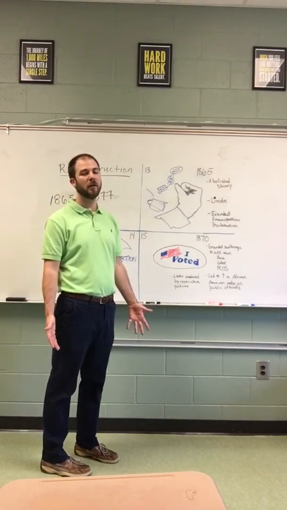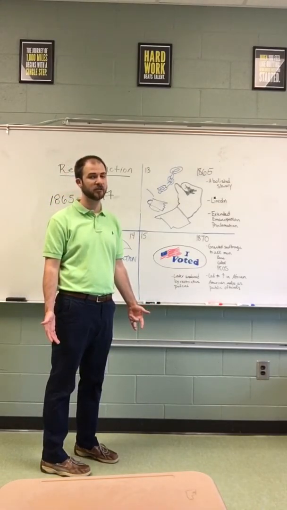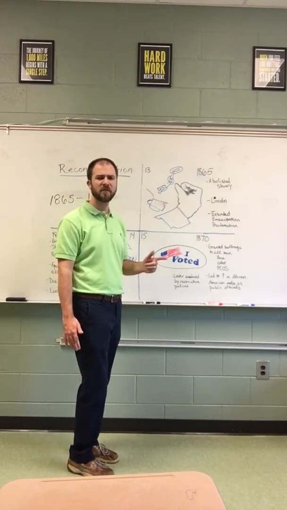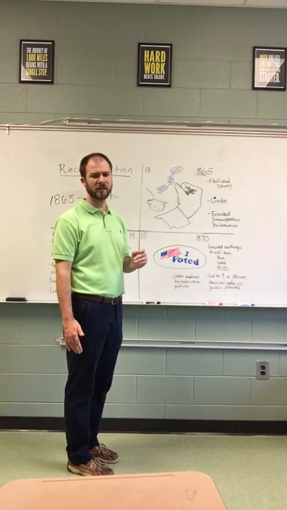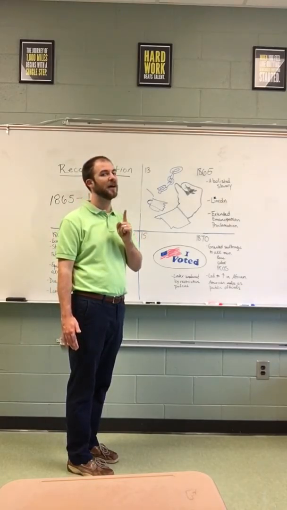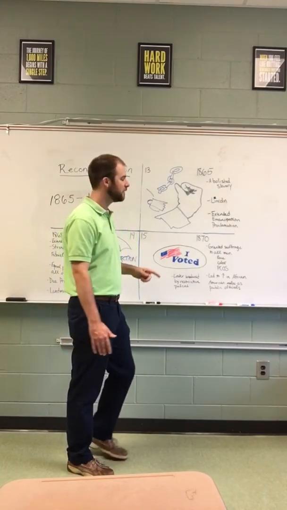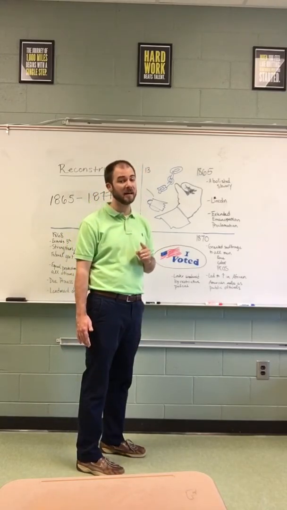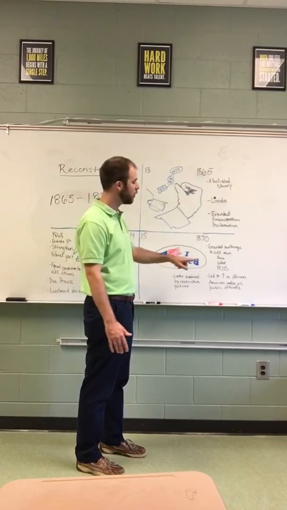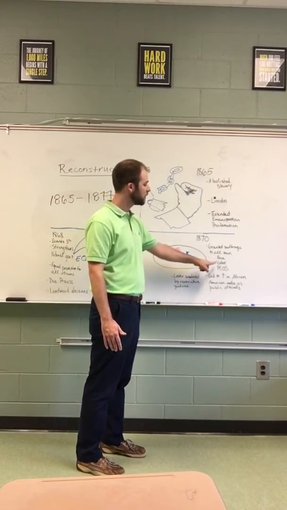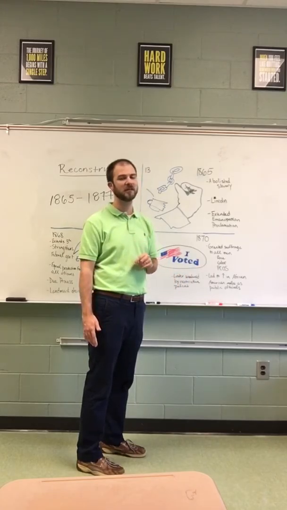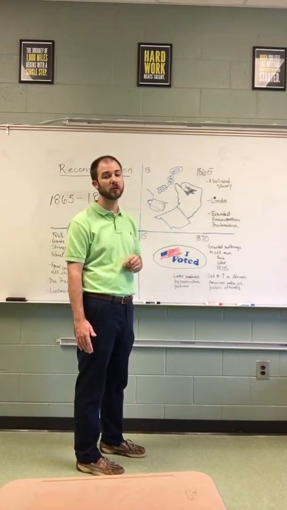The last amendment to the United States Constitution from the Reconstruction era is Amendment 15. Amendment 15 granted suffrage rights, and I know that you remember this from our unit on citizenship. Suffrage means the right to vote, to all men in the United States, regardless of race, color, or PCOS, which means prior condition of servitude.